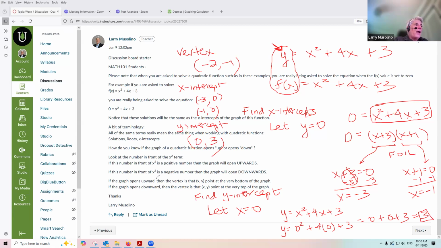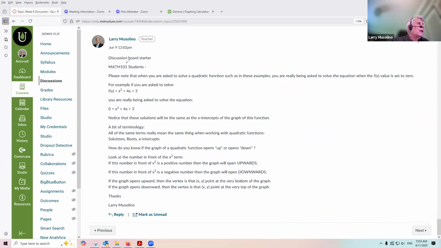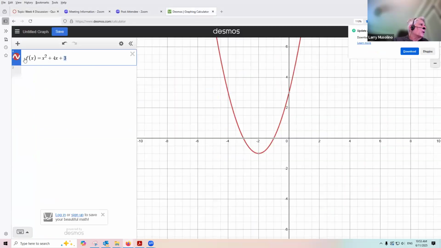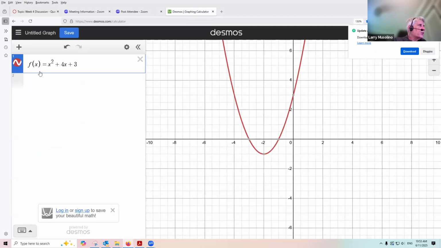All right, let me go graph all this in Desmos and just see if our analysis really makes sense as we look at the graph. And if you go to Desmos, all you have to do is type in the function here. I can either use f of x or y in this Desmos command line.